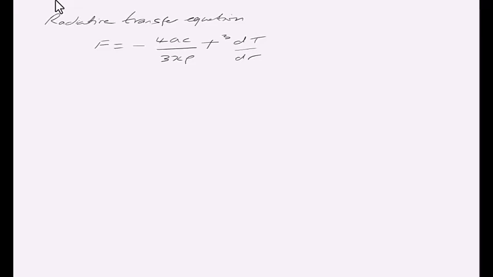We'll call this equation 1. A here is a radiative constant, c is the speed of light, kappa is a term which we refer to as opacity, and T is the temperature.